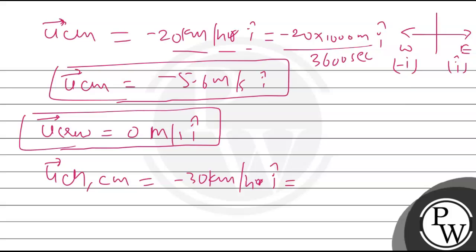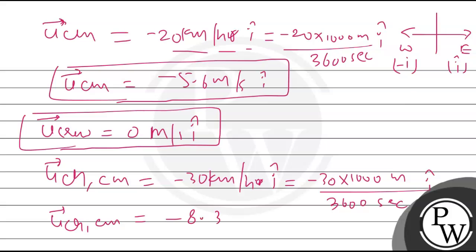Let us convert it into meter per second: minus 30 into 1000 meters, since in 1 kilometer there are 1000 meters, divided by 3600 seconds, i cap. So the initial velocity of the cheetah with respect to the cameraman is equal to minus 8.3 meter per second i cap.